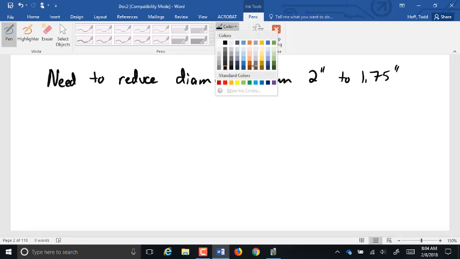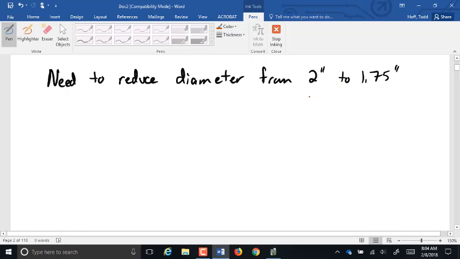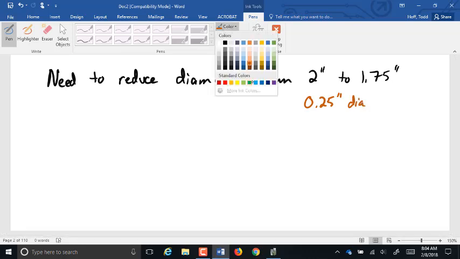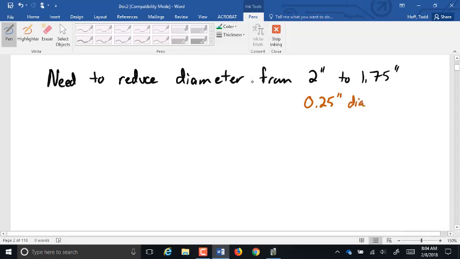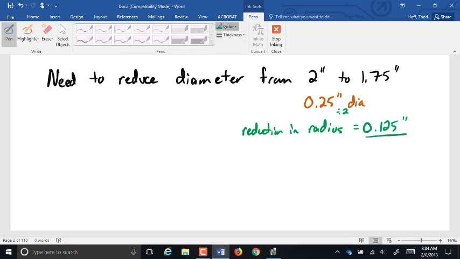How much is that reduction in diameter? 0.25 inches. When we are dealing with a lathe, we are not dealing with a reduction in diameter. We need a reduction in radius. Reduction in radius is going to be divided by 2, 0.125.